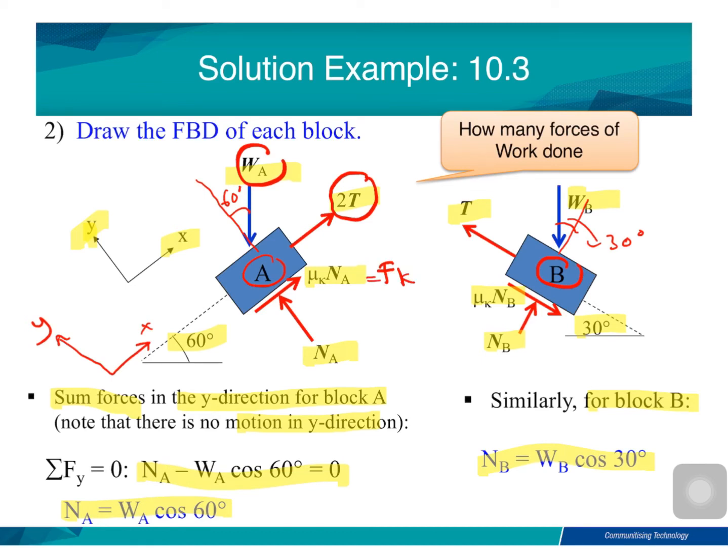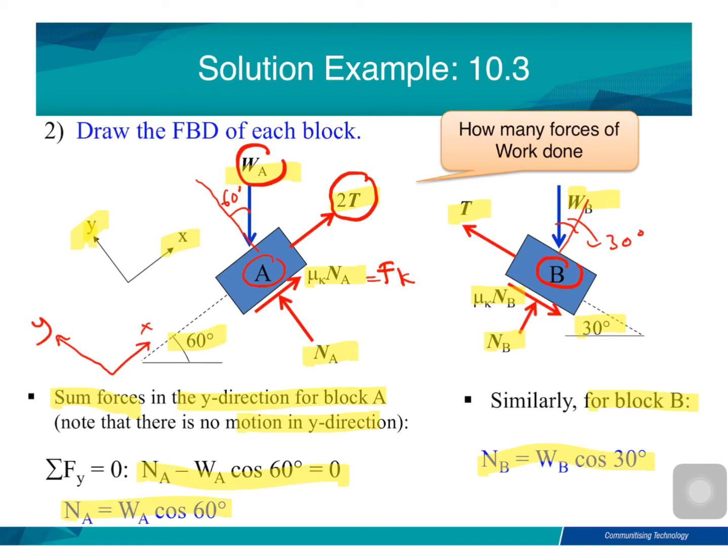So FK is equal to mu K times NA. This is the normal force acting perpendicular to the block. Here you can have some force in the y direction for block A. Note that there is no motion in the y direction, so you resolve all the forces into the y direction.